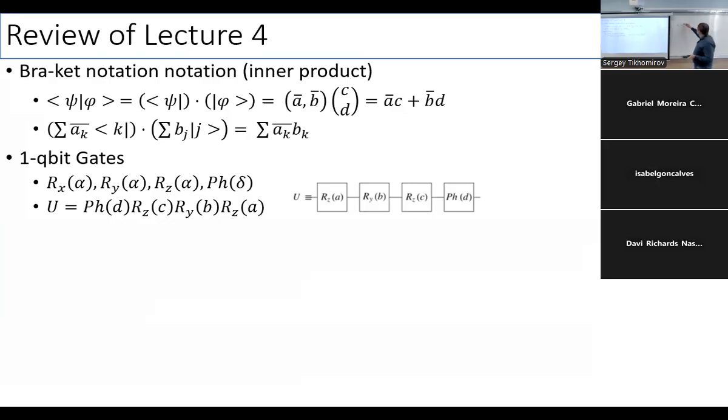The bracket of k and j is equal to 1 if k equals j, and 0 if k is not equal to j. You can just use this formalism. This is more or less the idea that j forms an orthonormal basis and k forms an orthonormal basis, and the question is whether they coincide.